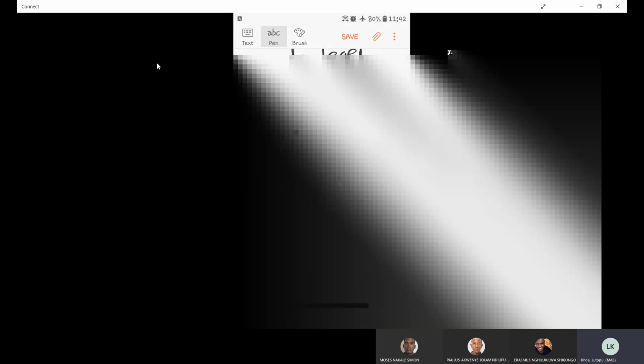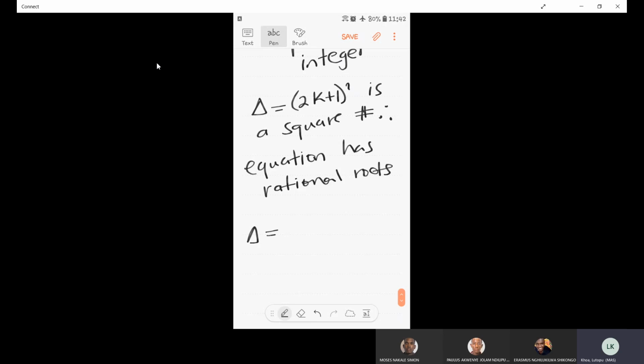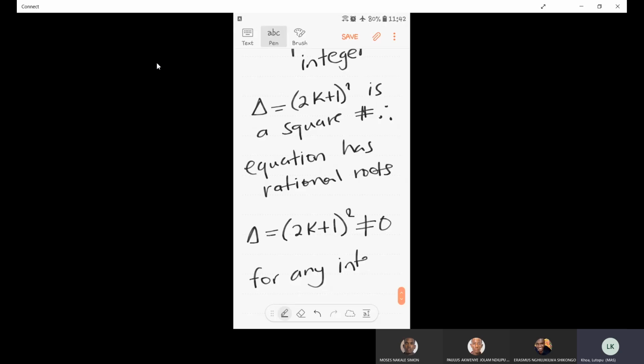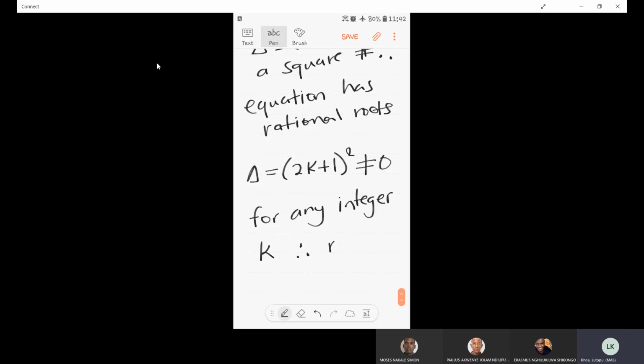And we also have the discriminant, which is equal to (2k+1)², is not equal to 0 for any integer k. And therefore, the roots are not equal. Okay, and then that concludes what it is we were asked to work out.